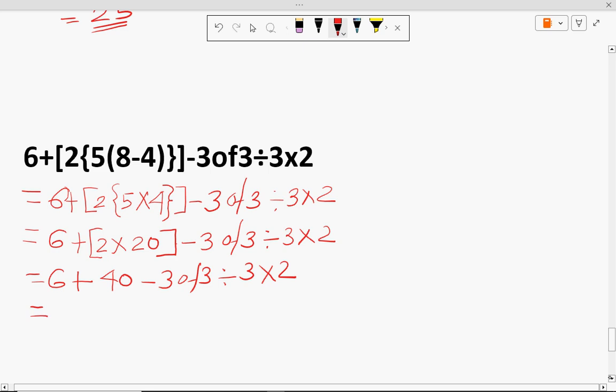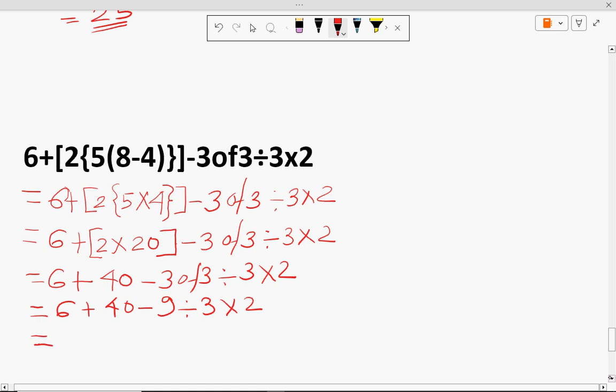Now the highest order of operation is off, so we'll go for off. 6 plus 40 minus 3 of 3 is 9 divided by 3 into 2.